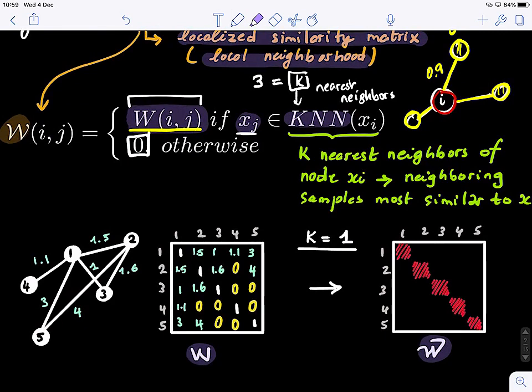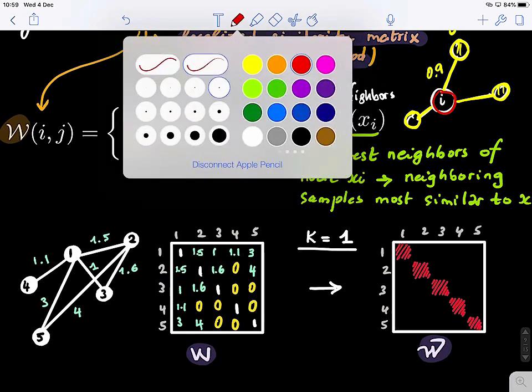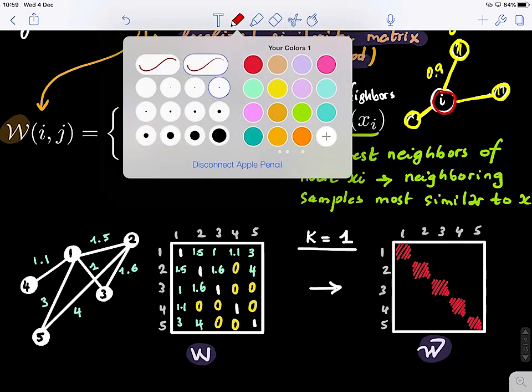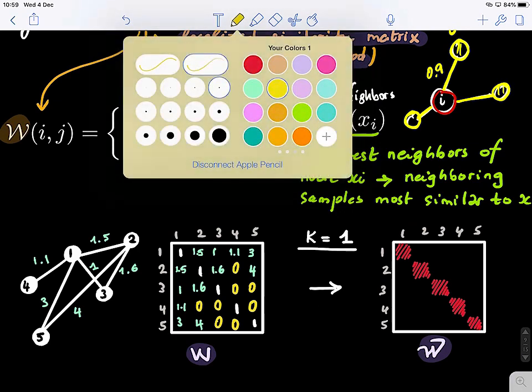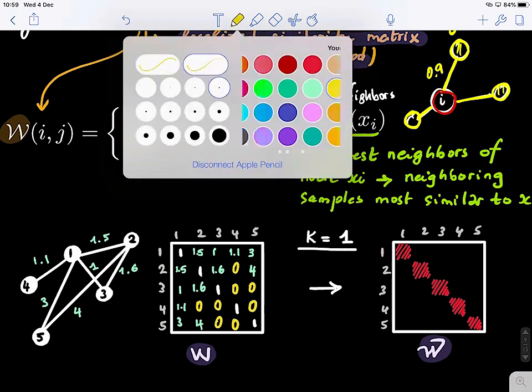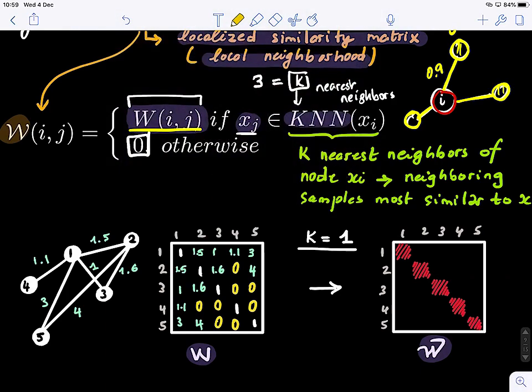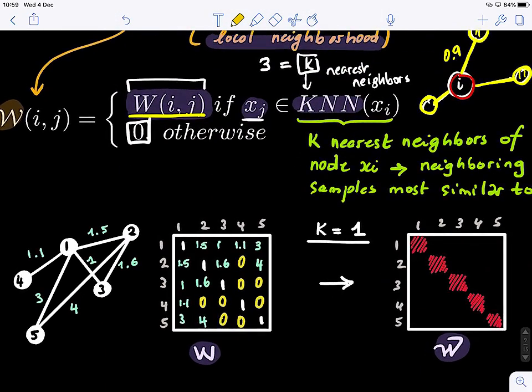Only 1, okay? So let's say we start with this one, select another color maybe. So 1 to 1, we don't care about. For node 1, we need to find its closest neighbor. Where is it? It's node number 3, we agree, right?